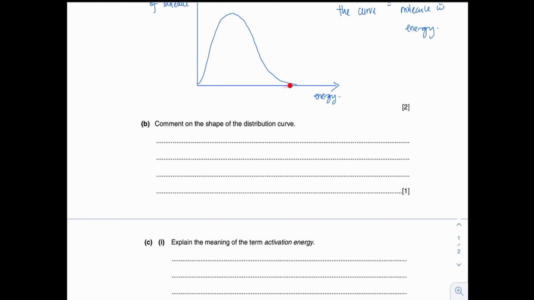This part of the particles have extremely high energy and the majority have a normal range of energy. So you can write: not all molecules have the same energy. Some have high energy, some have low energy.